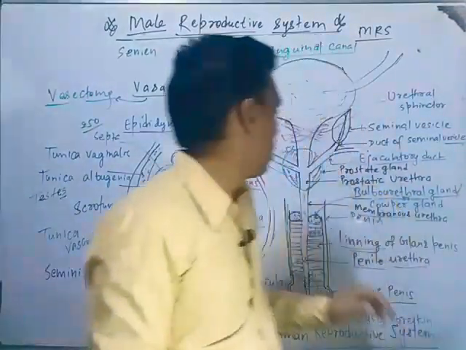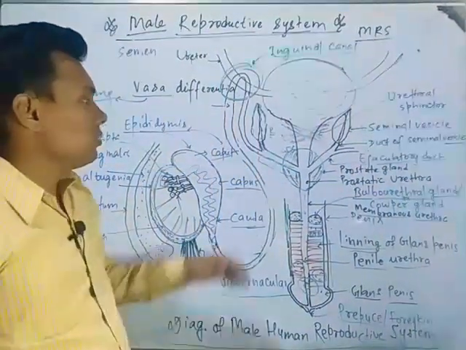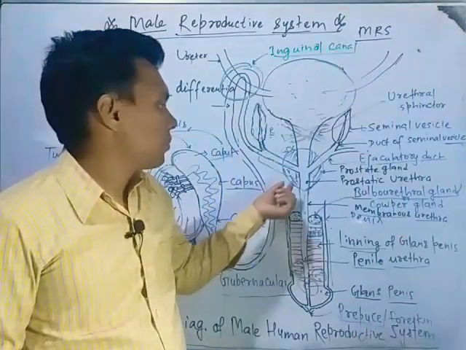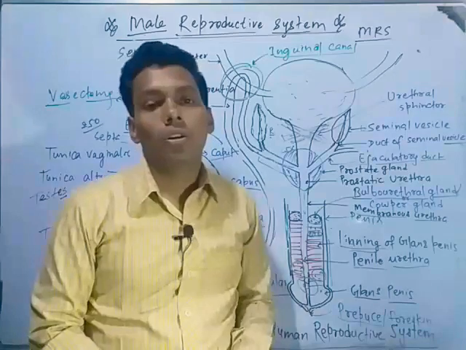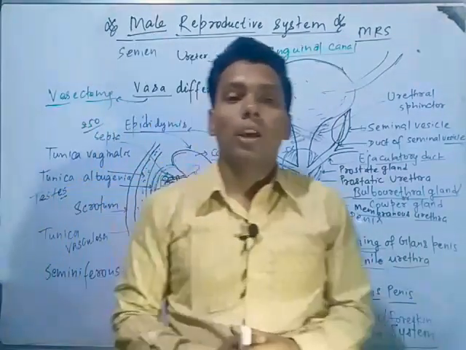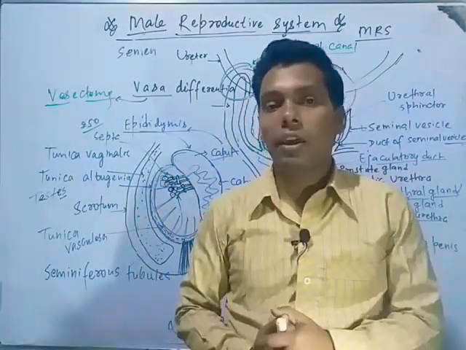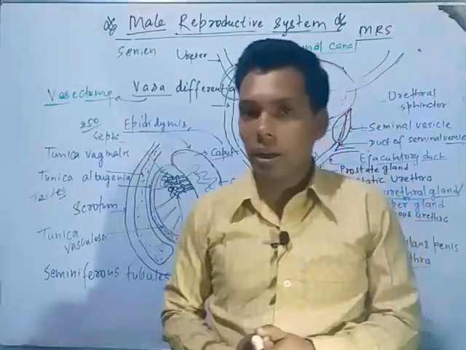These three glands are the associated glands, examples of secondary sex organs.